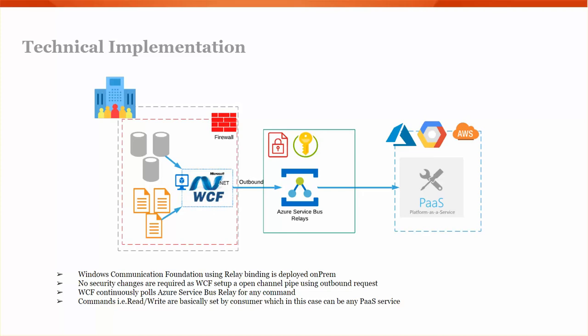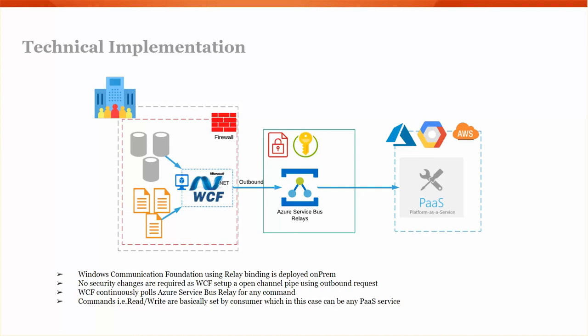Now, the way it works is whenever you make a request, take for example if you want to get some data from one of the databases in the enterprise network, from the PaaS service or web application or whatever you have in the PaaS, you will make a request to get the data. When you make the request, a notification is pushed into the Azure Service Bus queue.